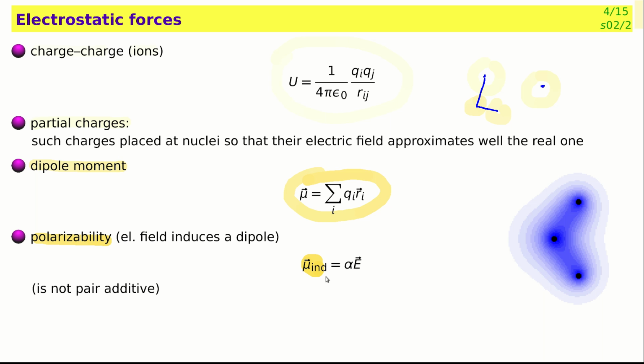I've already spoken about this. So if we have an electric field, the electric cloud distorts, and this is the source of the induced dipole moment. That is, polarizability is not pairwise additive. Normal electrostatic forces are pairwise additive.